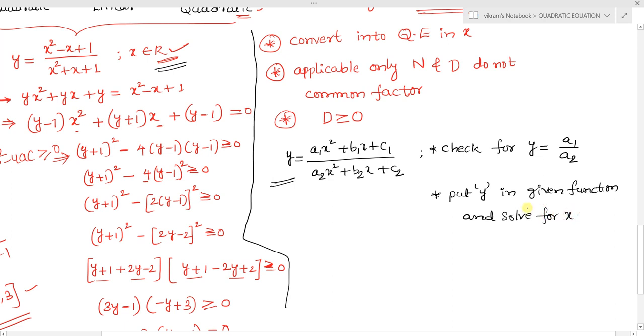Put the value, check for y equals a1 by a2, then substitute in the given function and solve for x.